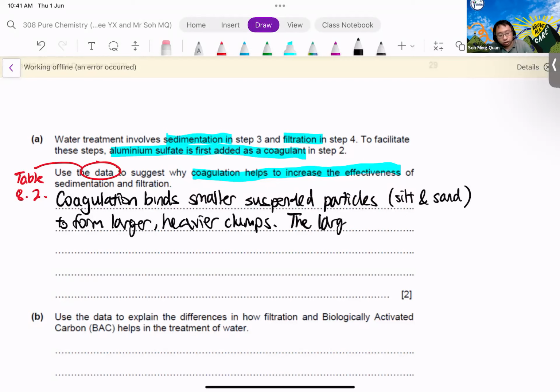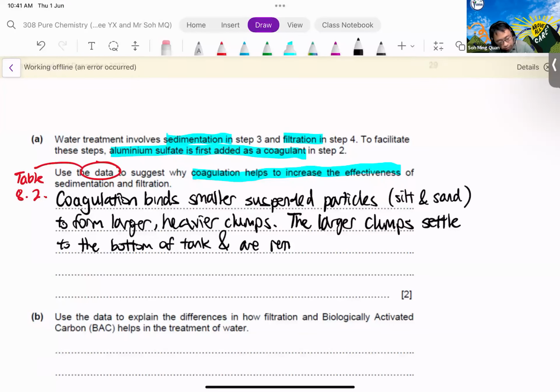The larger clumps settle to the bottom of the tank and are removed. And this is called sedimentation. So again, can you see I merely copied what is seen under Table 8.2 for coagulation and sedimentation? I didn't do anything special.